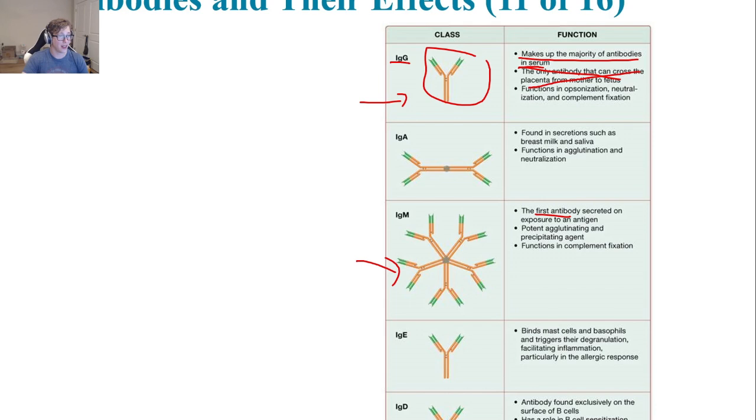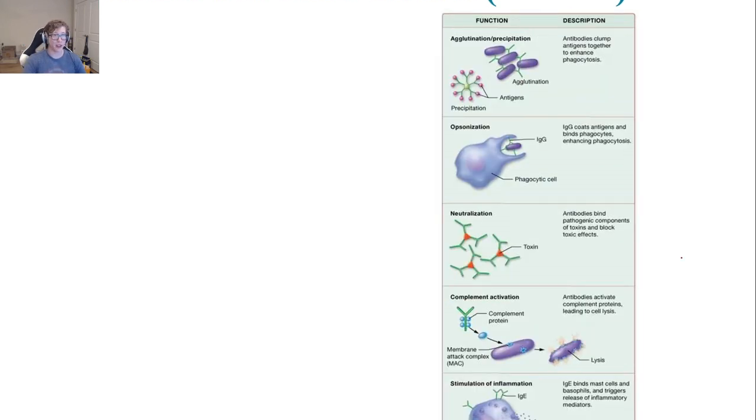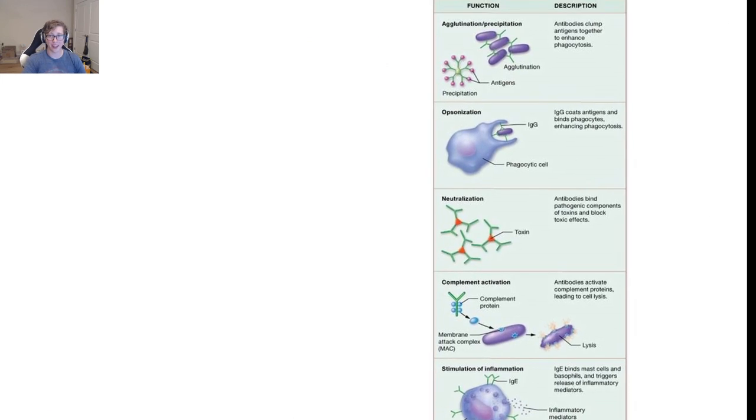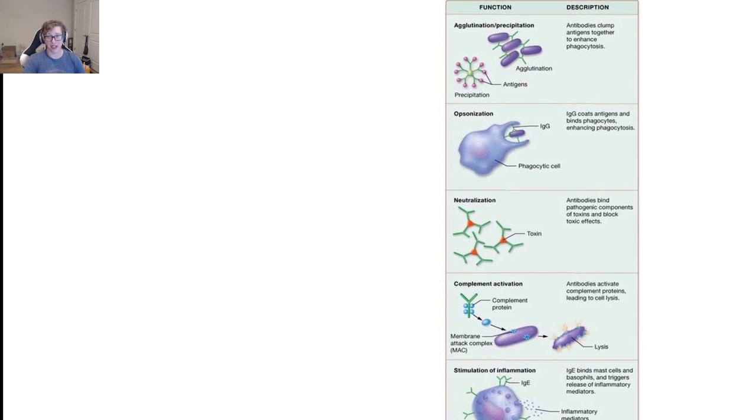Now, there are 5 antibodies, and there are different unique effects of antibodies. The only one that is unique to a singular one is IgE.